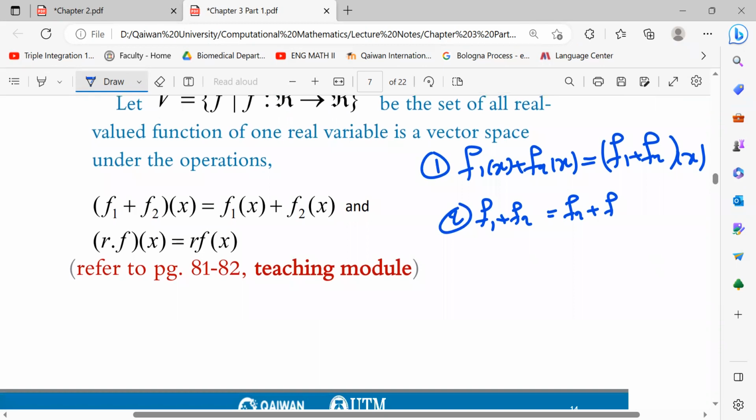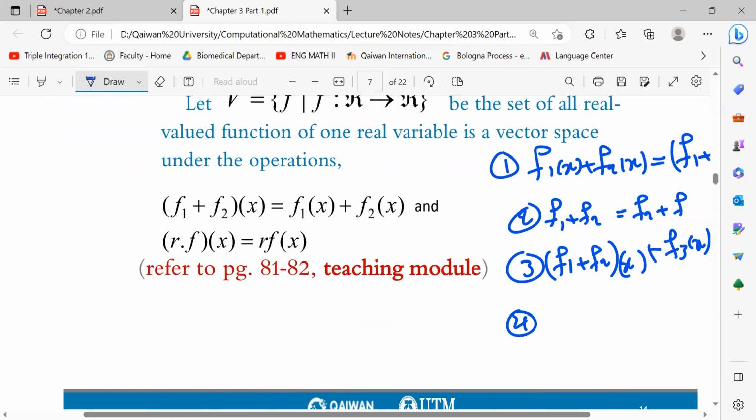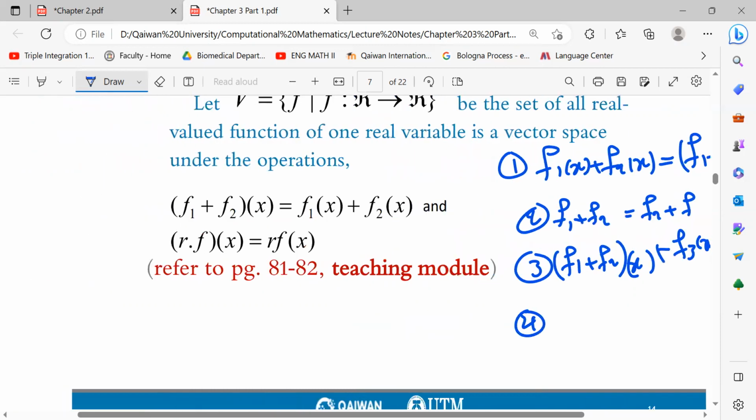For the third one, it's associative: f1 plus f2 of x plus f3 of x must equal f1 of x plus f2 plus f3 of x. It's easy to show this all, that's why I'm not going to do it.